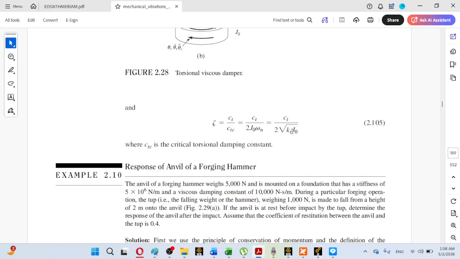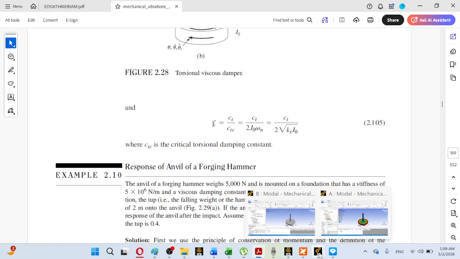So here k is replaced by kt and m has been replaced by J naught. For the current analysis, as I had suggested, you will be assuming the damping factor to be between 0 to 0.3 or maximum 0.4, not above this, if you want appreciable cycles or frequency for the damped vibratory system.